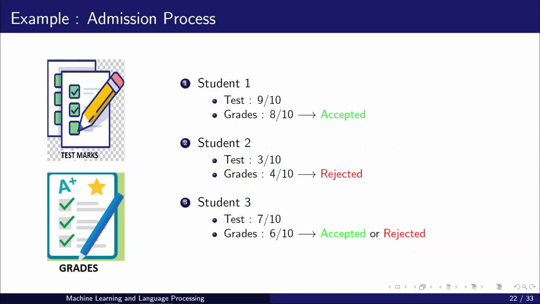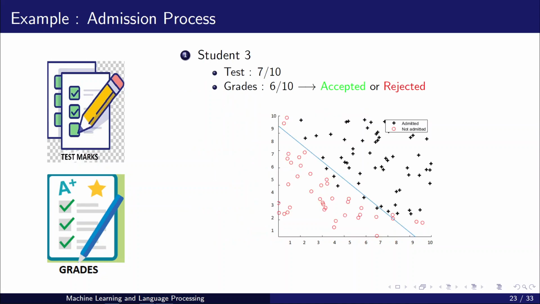Now this can be done by plotting this data in a graph. At one side we plot the grades and the other side we plot the test score.